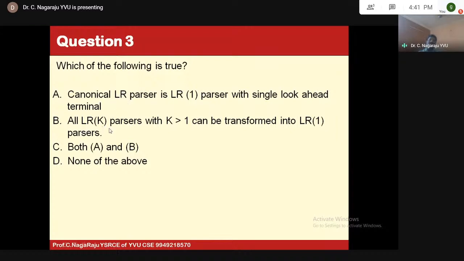All LR(k) parsers with k greater than 1 can be transformed into LR(1) parsers; LR(k) is the superset of the LR1 parser, so B is also correct. Both A and B are correct, so the answer is C for the third question.